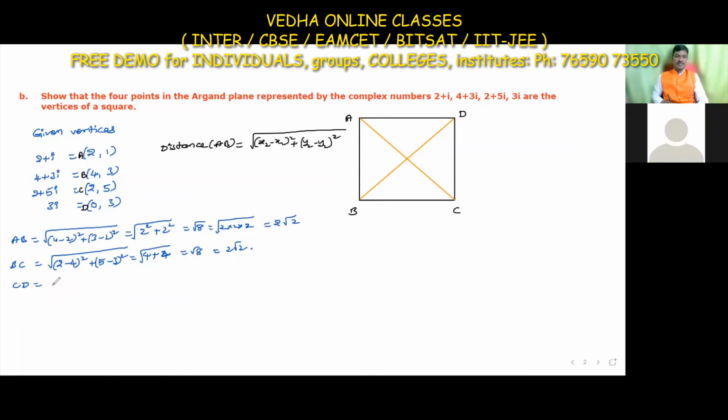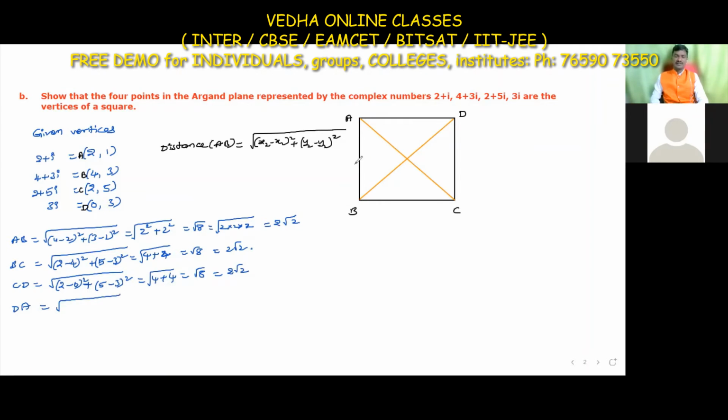CD is equal to under root of 2 minus 0 whole square plus 5 minus 3 whole square. 2 minus 0, 2 square is 4, 5 minus 3, 2 square is 4. Root of 4 plus 4 is root 8. Root 8 value is 2 root 2.